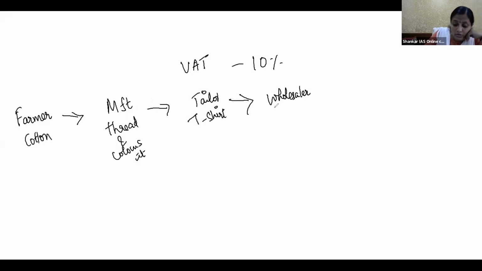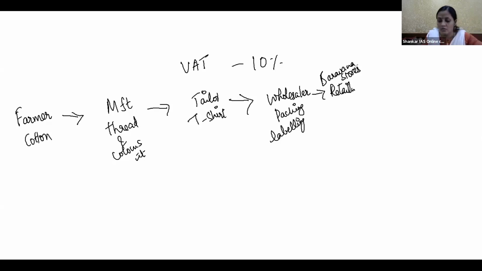The wholesaler does some packing, labeling, and then gives it to a retailer. Say, for example, Saravana's Foods. The retailer presents it with advertisements and other things, stores it, presents it well, and finally it goes to the consumer.